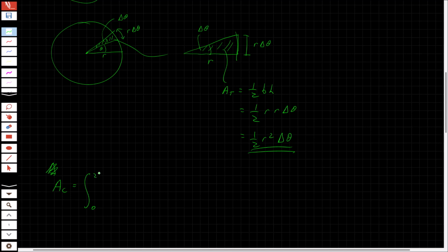So the area of the circle is the integral from 0 to 2 pi of this formula, half r squared d theta. Because we're using calculus, we change that to a d theta now.